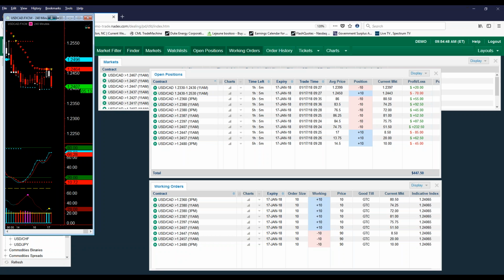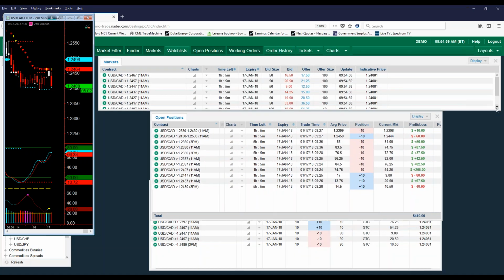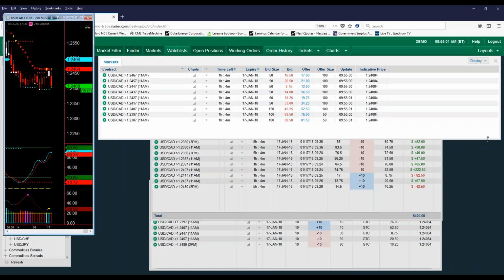Now, some people actually look at the premiums, okay, to see which one is on the heavier side. For example, you are trading currently at 2407, okay? Is it more heavy to the upside or to the downside? I don't look at that.